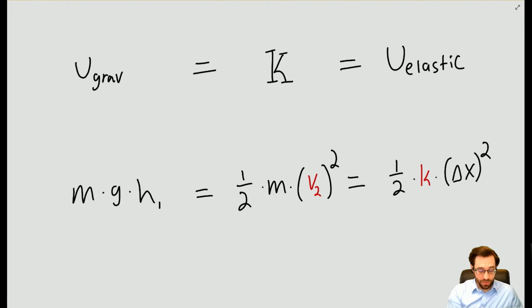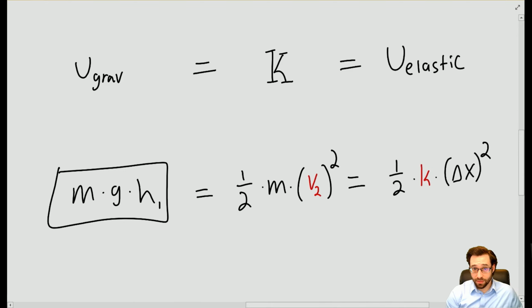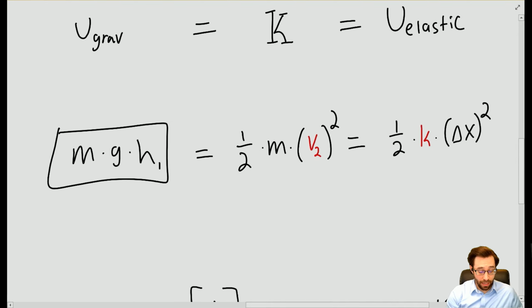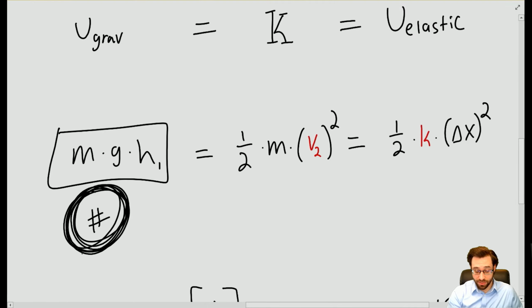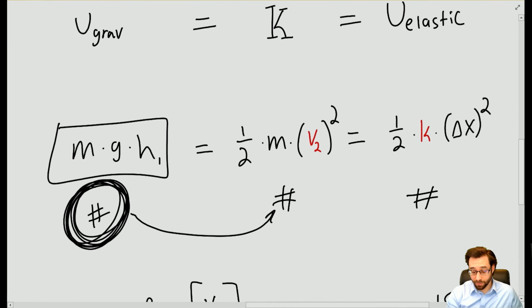All right. Since I know everything in this section, I could technically get an answer. I could get a number. Now this is the symbol for a number, not a hashtag. If I get a number, that means I can solve for this side, and I know that it must equal this number because of the conservation of energy.